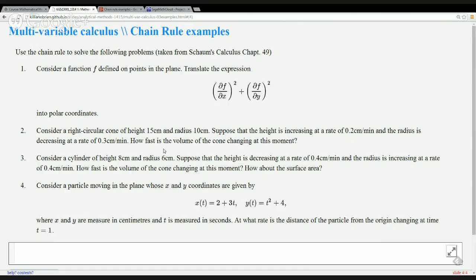So we can say we've got this quantity here, 1 over r times 3x plus 2ty. Now, this isn't fully translated into any particular coordinate system.